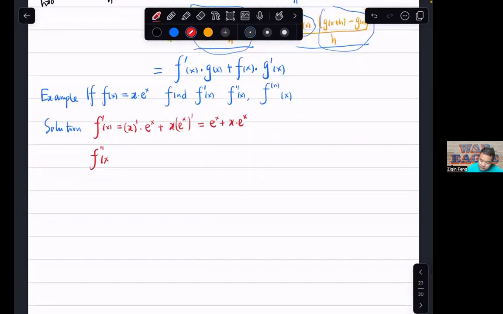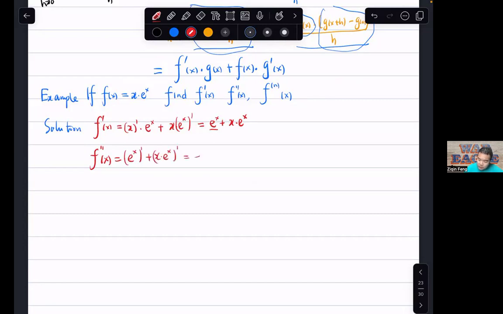This is just equal to the derivative of, we want to use the sum rule, right? Derivative of the first term, which is e to the x prime, plus, okay, let's use our sum rule first.